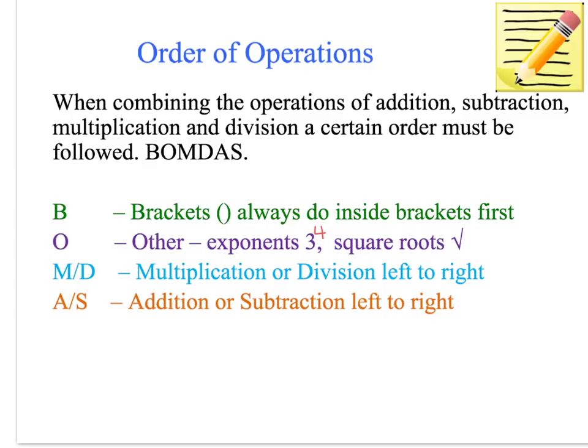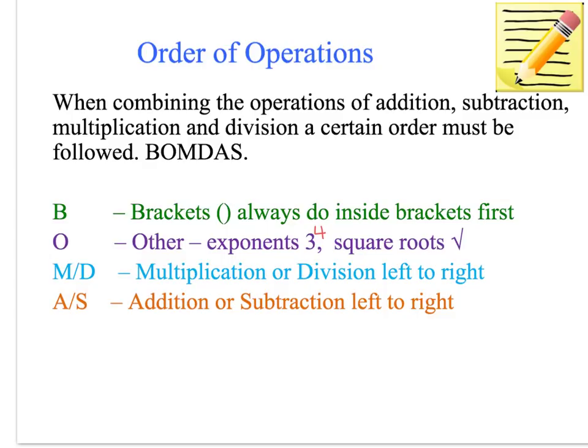Okay, now then, addition, subtraction, they are the least important, but the rules still apply. Like they do for multiplication and division, addition and subtraction have the same value as each other, but it just depends where they appear in the problem, depending which one you do first.